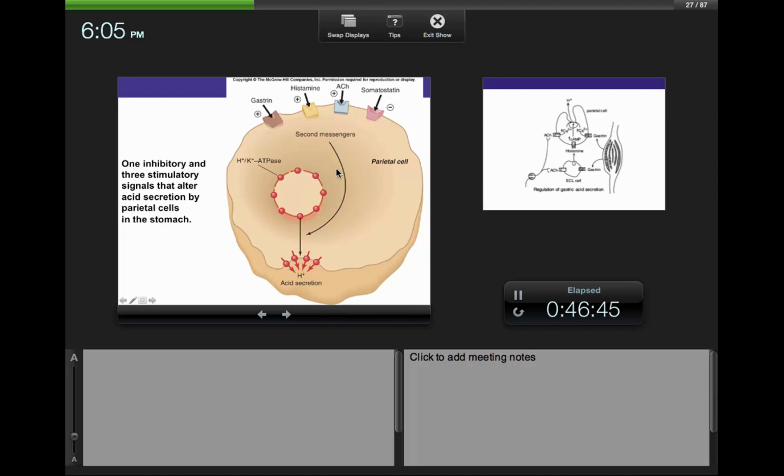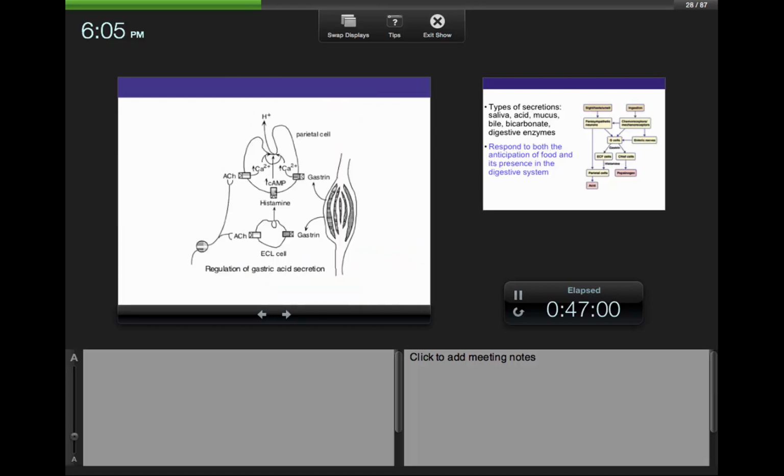All right, so let's talk about the regulation of these three. And remember, ultimately what they do is insert those proton pumps into the apical membrane so that you get more acid secretion. So here's the three, the trifecta. This happens during the gastric phase. At first, when you just start eating a meal, you get a little bit of acetylcholine release and a little bit of gastrin release from those G cells in the stomach.